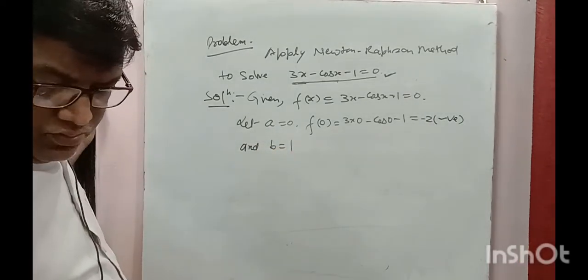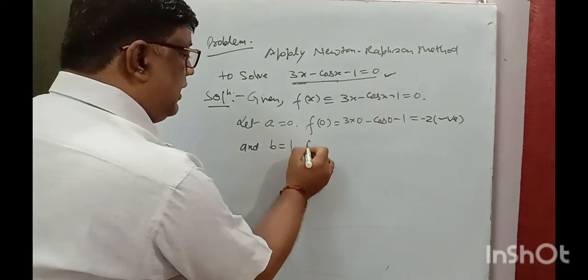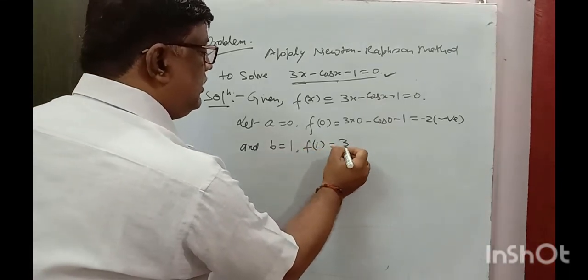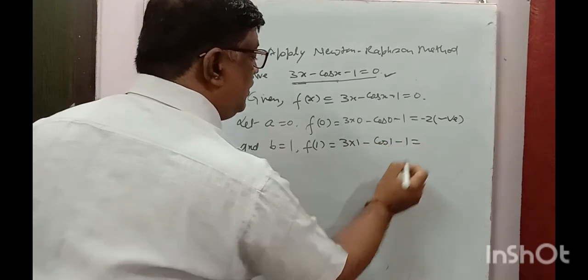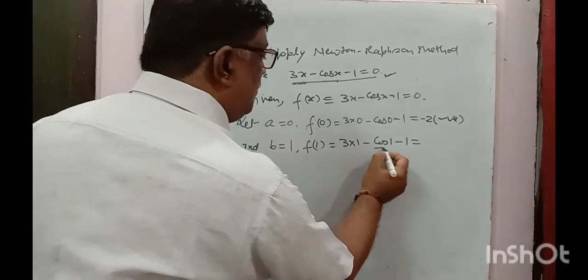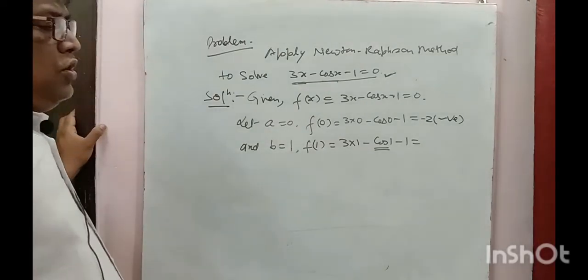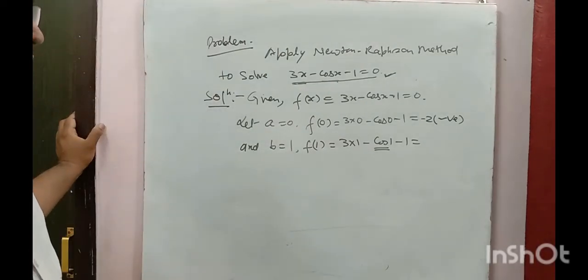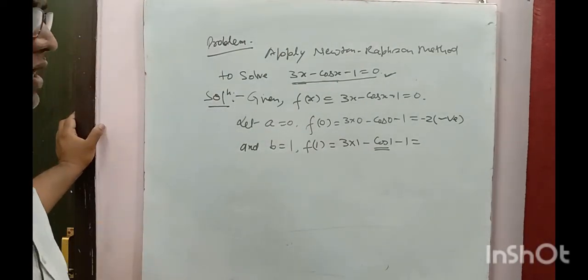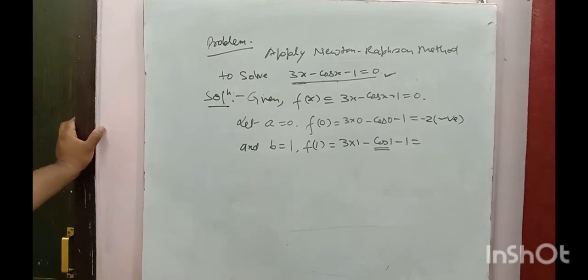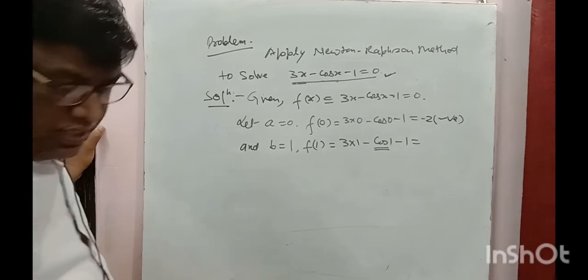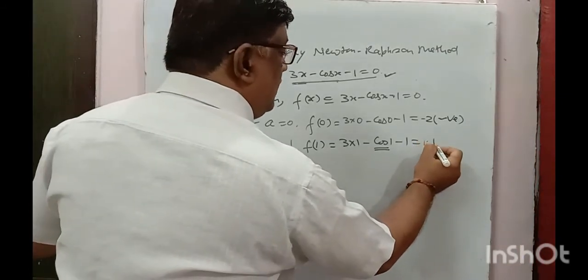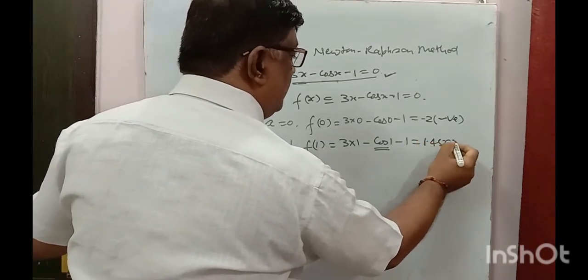Now put this value, then f(1) = 3 into 1 minus cos 1 plus 1. Put the value by the calculator, changing the mode to radian, and find the solution by the calculator, and it is equal to 1.4597.